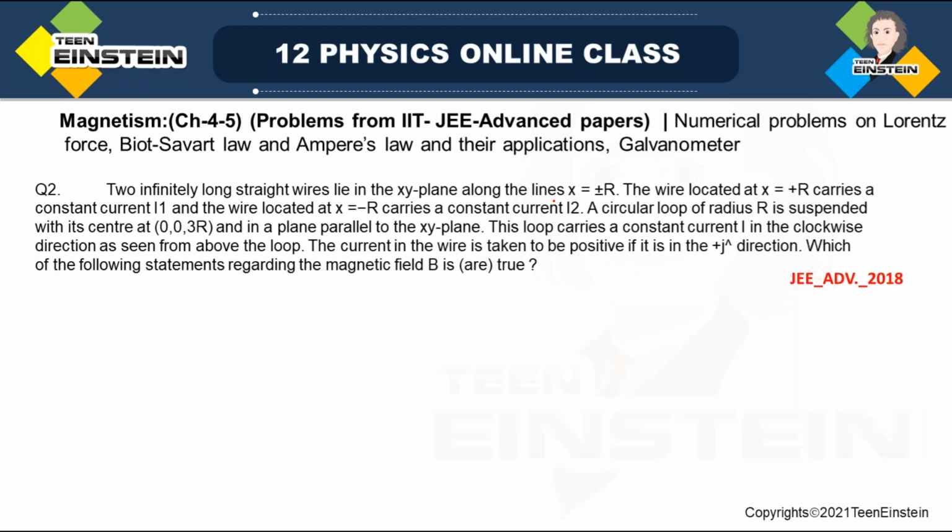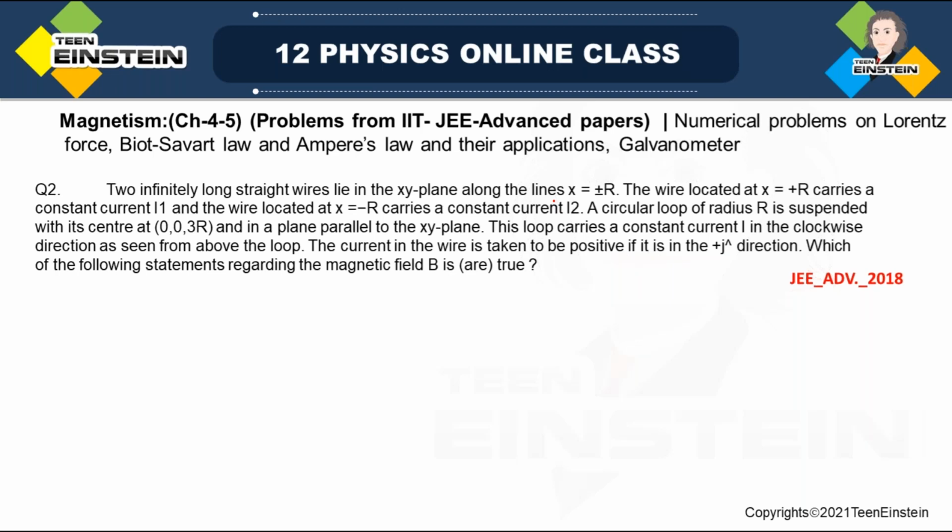Okay, look now, go to the figure. So this is I2 and this is I1. If one is positive and another one is negative, then what happens at the origin?